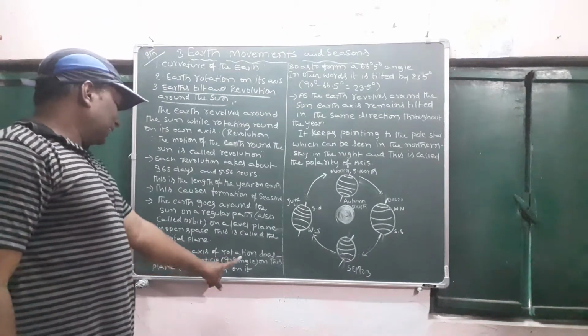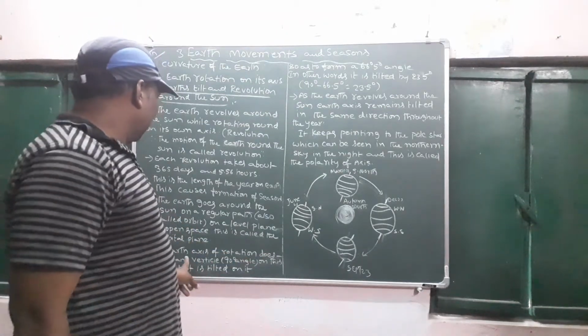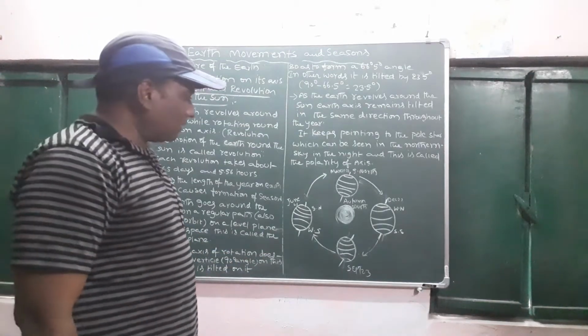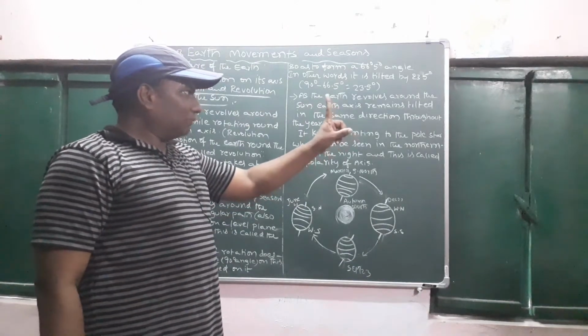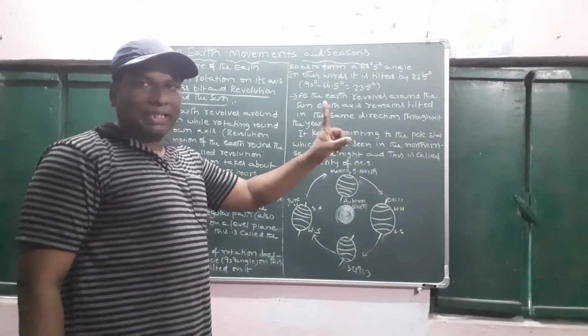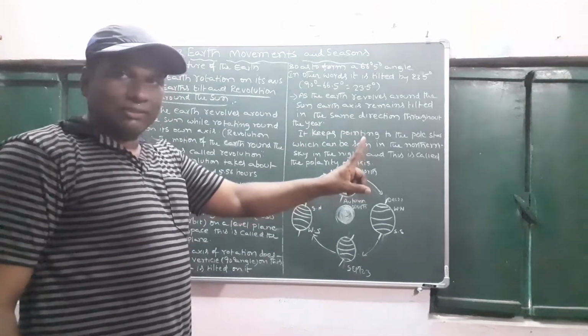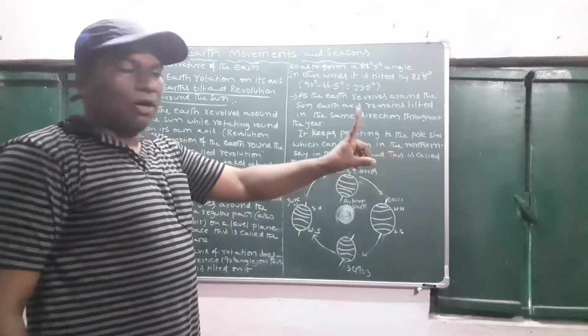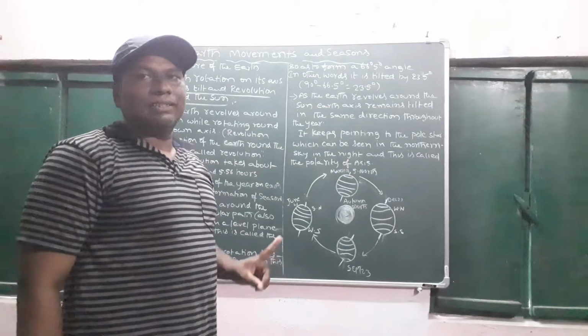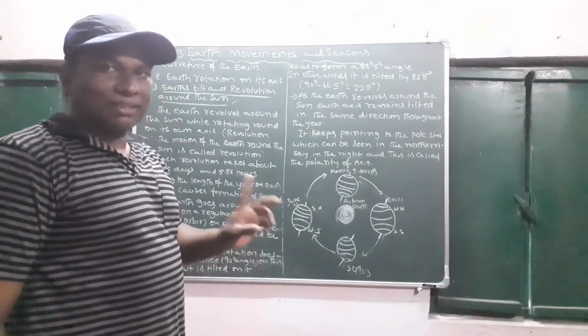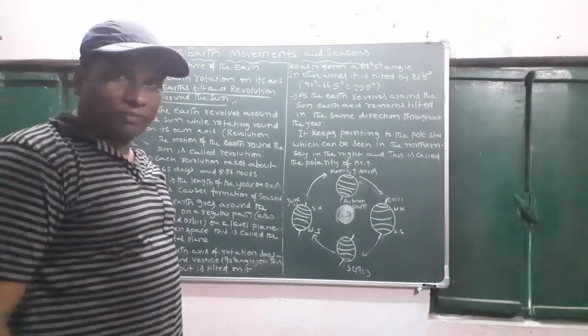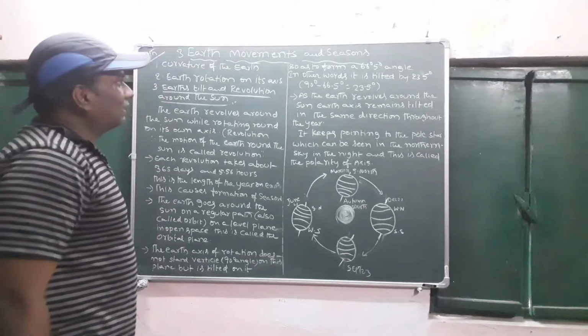The earth's axis of rotation does not stand vertical. Vertical means 90 degrees angle, but it does not stand vertical. So it is tilted. How much angle is it tilted? 23 and a half degrees. Here, figure-wise, I explained.